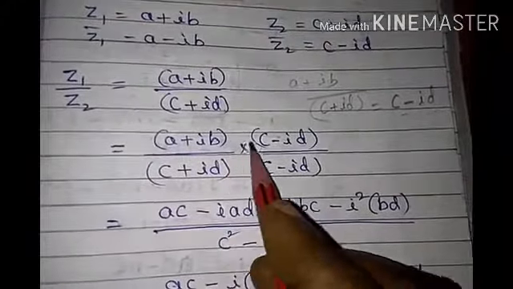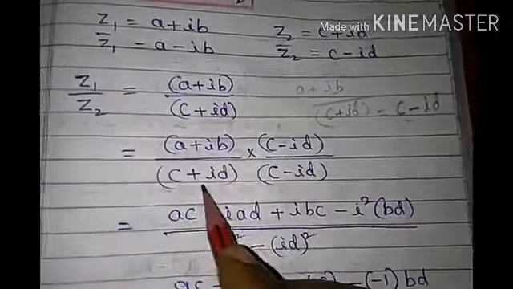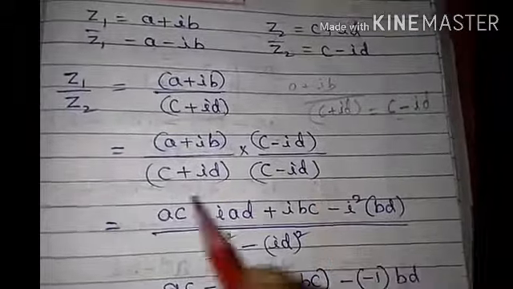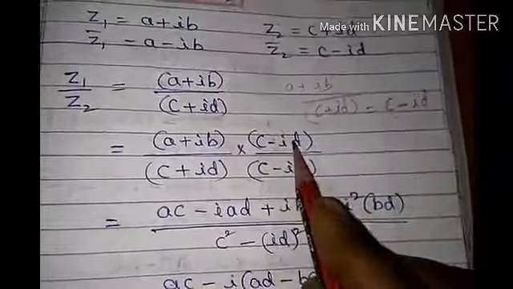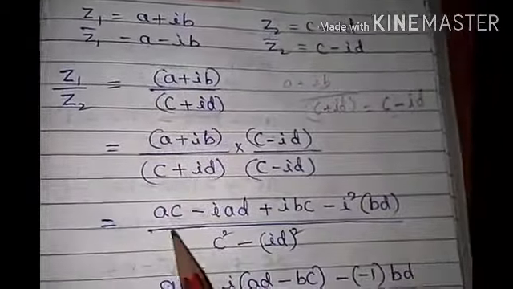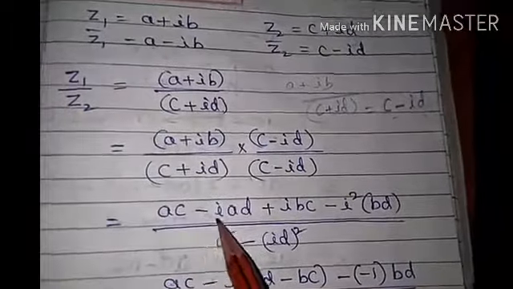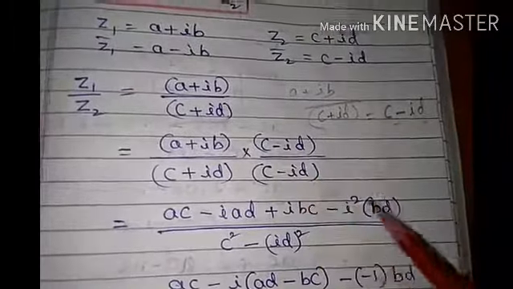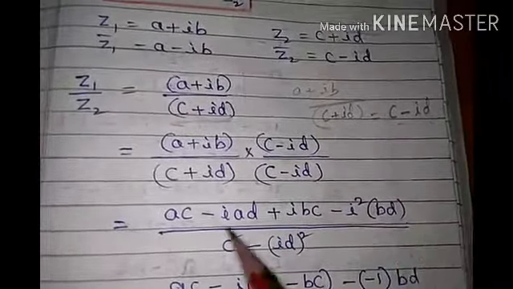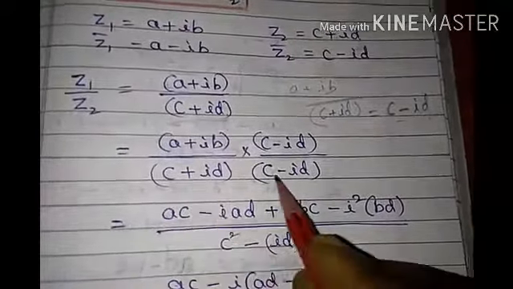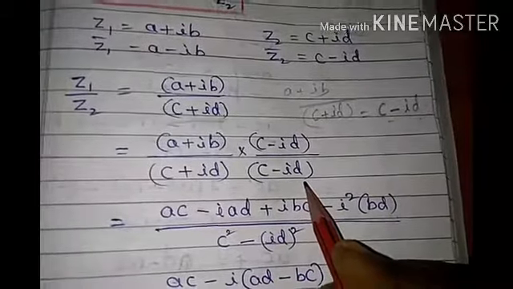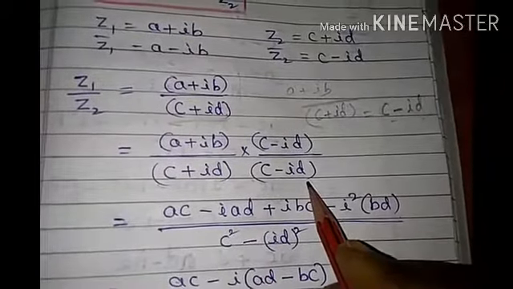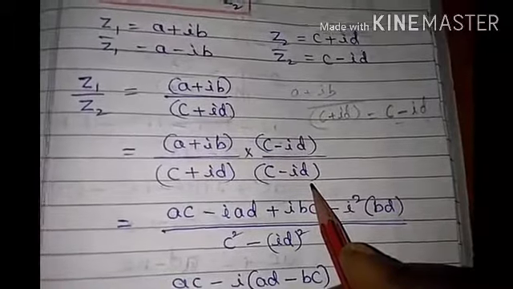Therefore, (A plus iB) into (C minus iD) by (C plus iD) into (C minus iD). That is equal to multiplying these two complex numbers: AC minus iAD, iB into C becomes iBC, iB into minus iD becomes minus i square BD. The denominator is like (A plus B) into (A minus B), where we apply the algebraic identity (A plus B)(A minus B) equals A square minus B square.